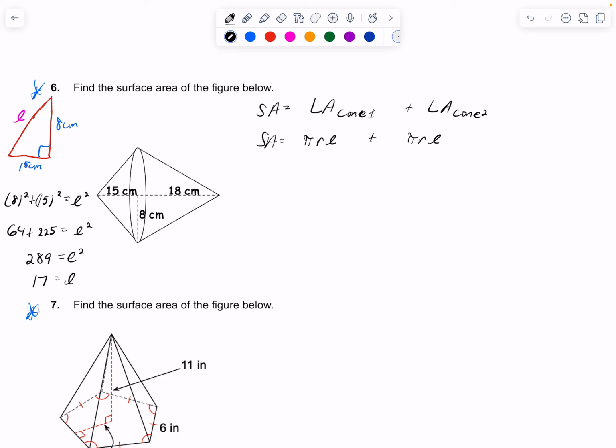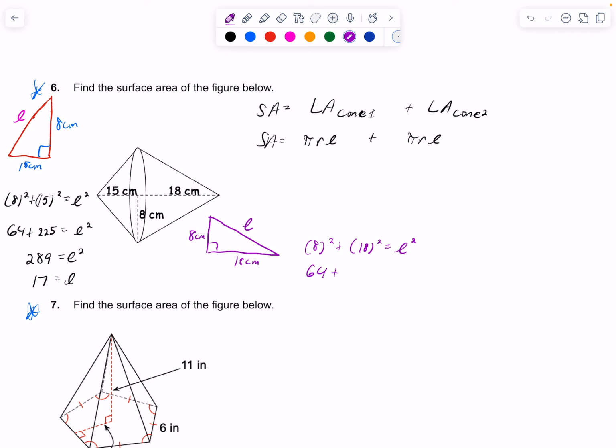All right, but now I need to do another triangle. That was for the left cone. Let's do the right cone. So the right cone has 18 centimeters here. It has 8 centimeters there. So we're trying to figure out what this slant height is up there. So I'm going to use 8 squared plus 18 squared equals our slant height squared.